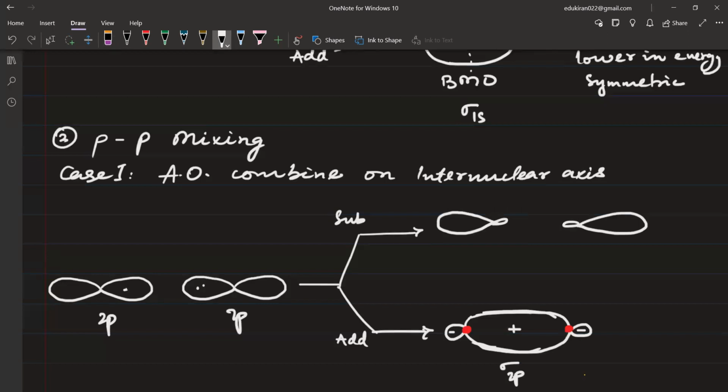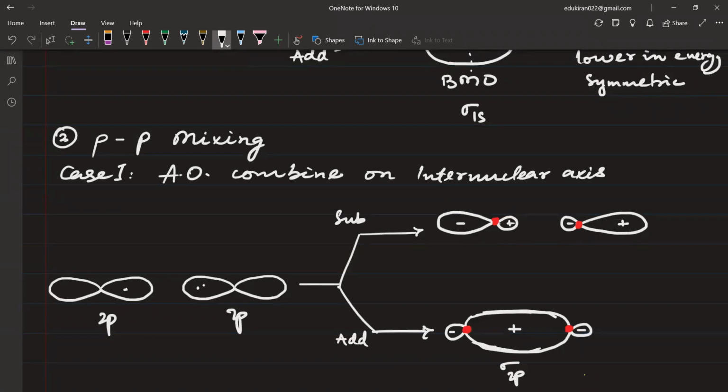To draw the sign we need to make it a bit bigger, but I hope all of you understand that these two will remain quite small. These lobes will be very small. Also, you can see plenty of vacant space between the nuclei. Here is your nucleus and here is your nucleus. We subtracted the two, they cancelled each other. The subtraction has taken place. That means this will be positive phase, this will be negative phase, this will be negative and this will be positive.